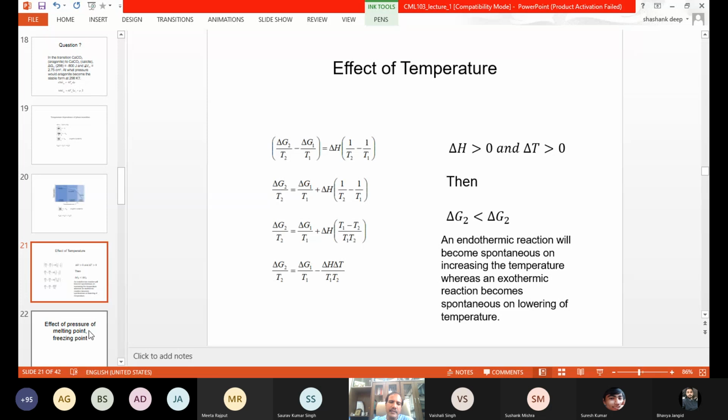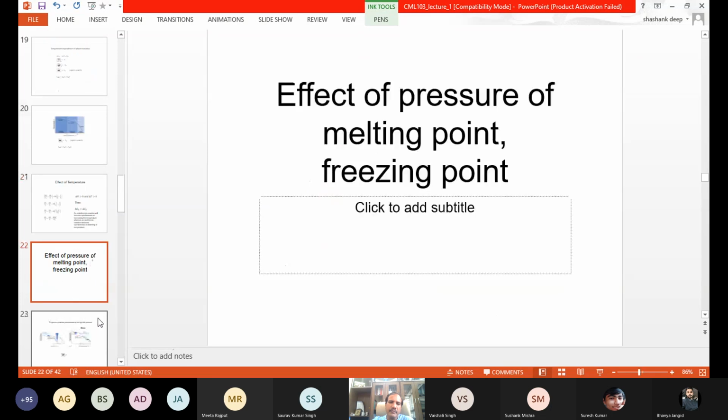Now, the next thing is, so till now we talked about the effect of temperature and pressure on delta G value. But now look at the effect of pressure on melting point, that is, the effect of pressure on equilibrium temperature.